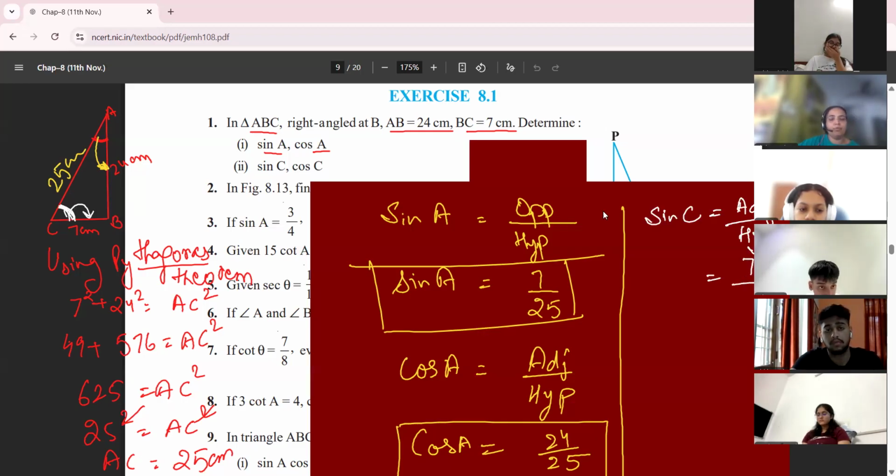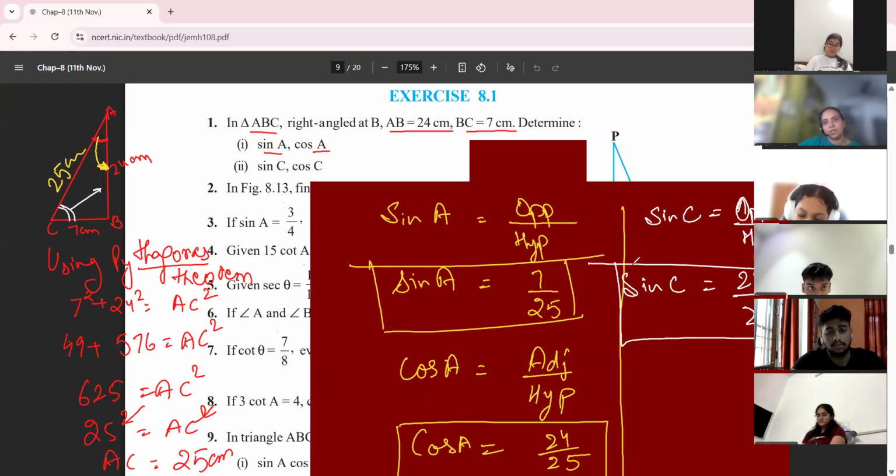And hypotenuse is always the same, 25. So sine C is 7 by 25. Right? Oh, sine. I wrote sine and cos I am taking. Wait. My bad. If I am taking sine, that is opposite by hypotenuse, beta. And that is this one. So 24 by 25. Sine C.